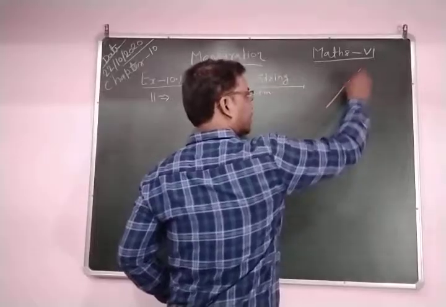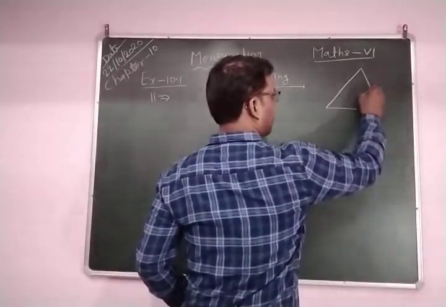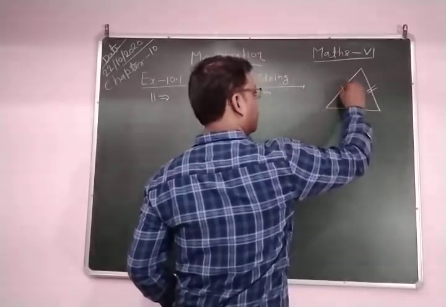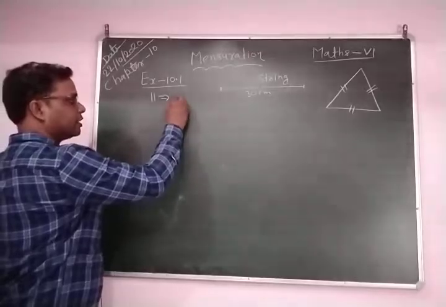In this triangle all sides are equal. Clear?